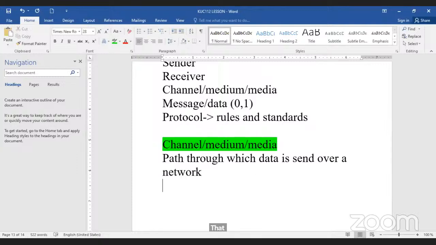And we have two types of channels that computers can communicate through.